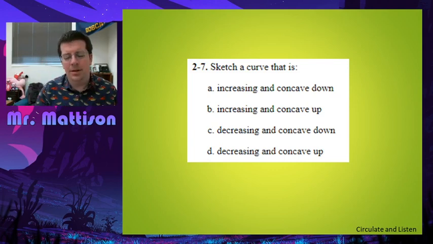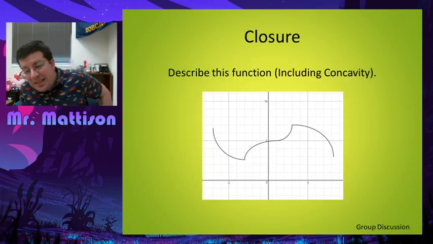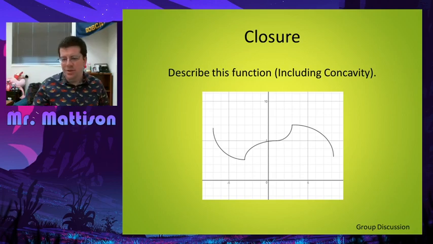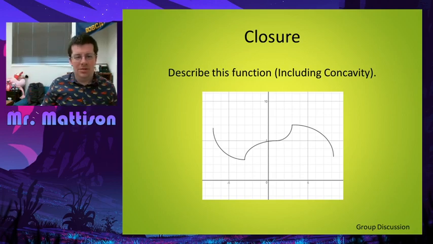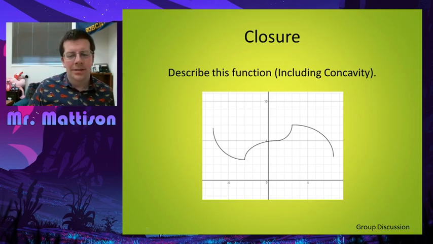That's the important part. Okay, not quite our last thing. Let's talk about these regions here. Here to here, I'm decreasing and I'm concave up. Here to here, I'm increasing and concave down.